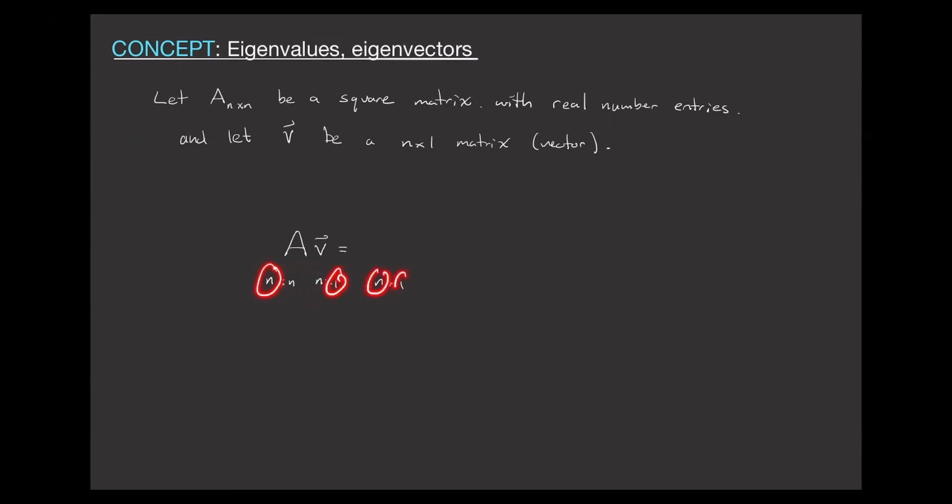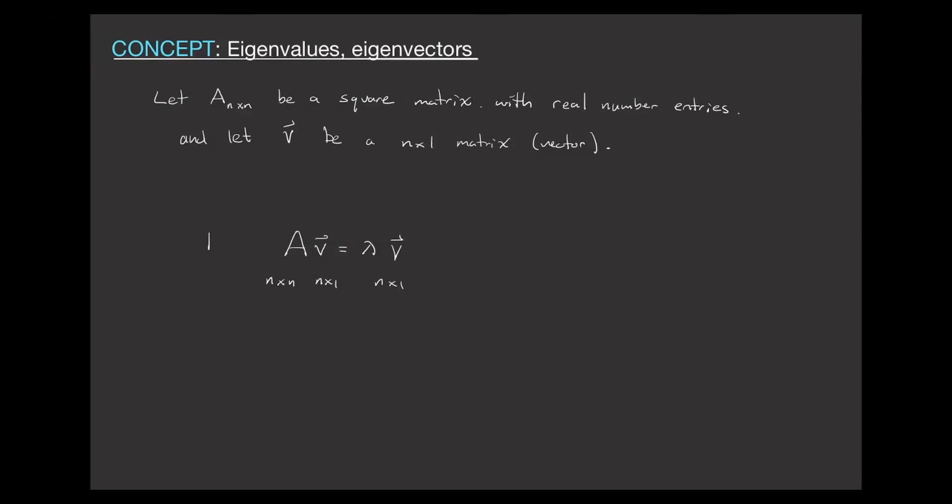So that gives us n by 1. If what we get is just V back, with the exception that V is multiplied by a given value, let's say a real number lambda, then we would say lambda is an eigenvalue and V is an eigenvector.